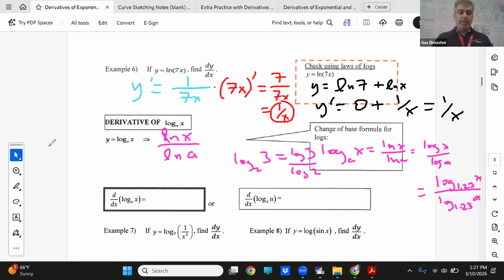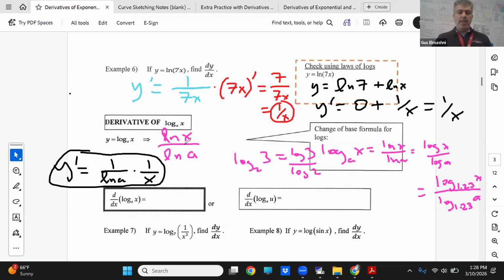So now if I want this derivative, well, the derivative's not going to be so bad. That's just going to be 1 over natural log of A times 1 over X. And why is that? Because isn't this ln A just a constant? Or is it a constant being multiplied or divided?